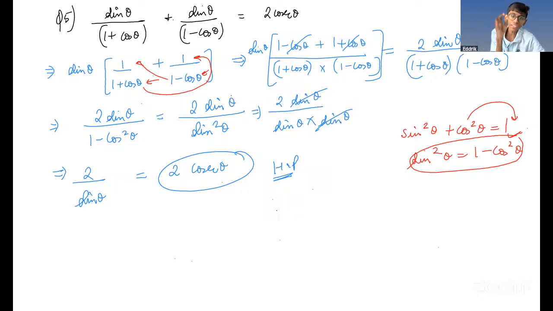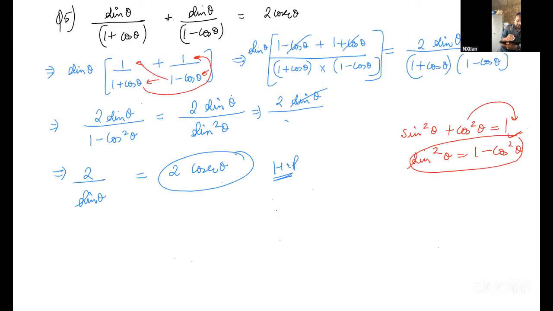No, I am trying to say, if for example it is written like sine theta plus cos theta, then you can't cut the sine theta with this sine theta because two terms are there. It should be in multiplication. One term should be there.